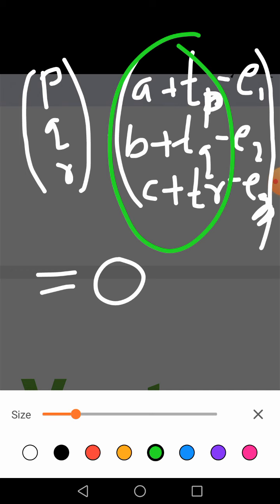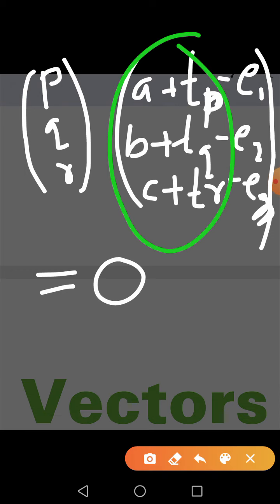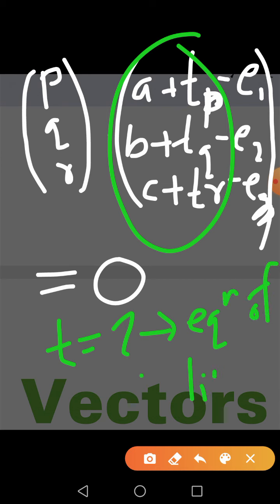Now after finding the values, from here you will find the value of t, and you will put the value of t in the equation of the line, which was already given. Let me show you.